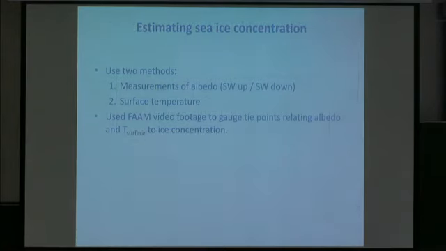We also needed to measure the ice concentration, as I said earlier. So we had two ways of doing this from the aircraft. We had measurements of albedo, which we got from shortwave radiation measurements, and we could also measure surface temperature from an infrared thermometer from the aircraft, and we used some statistical processing to try and get the best relationship we could there, which I'm not going to go into just now.